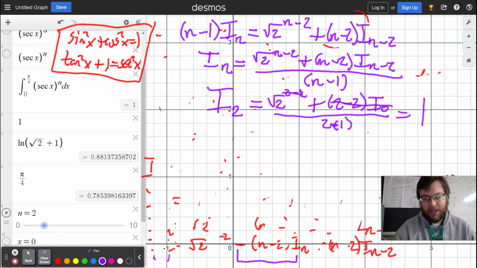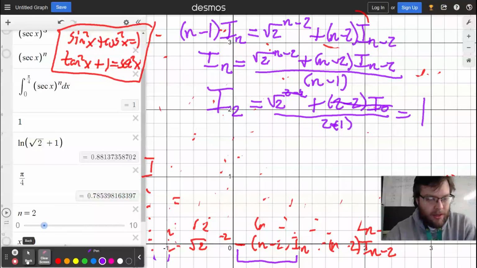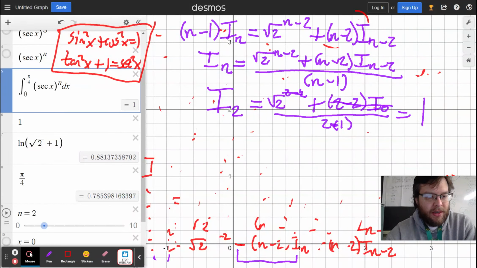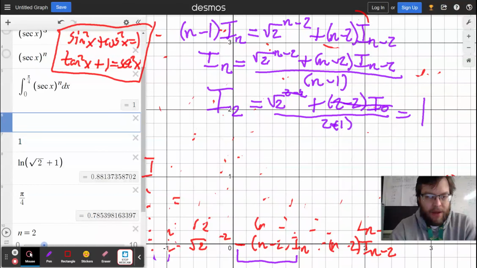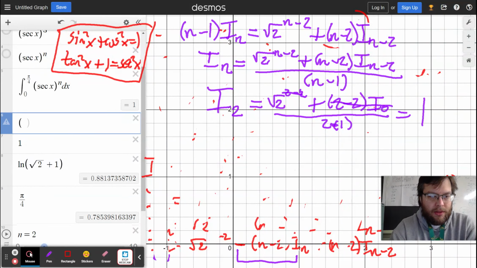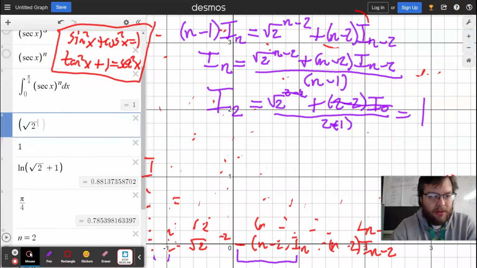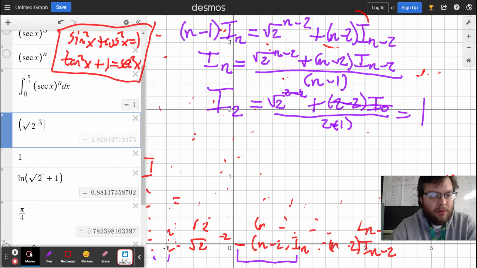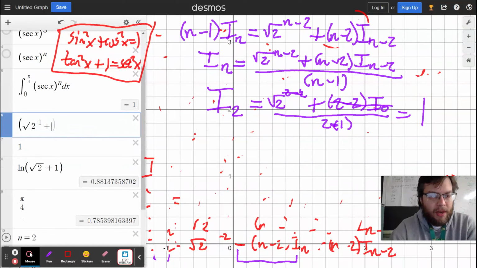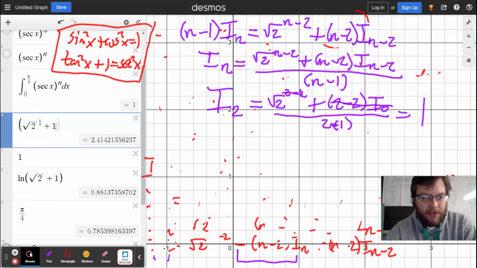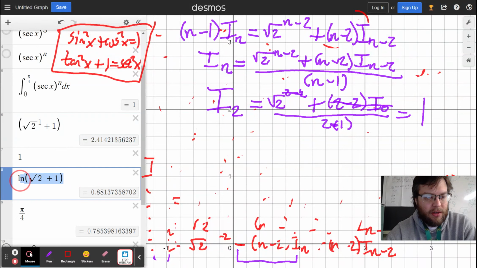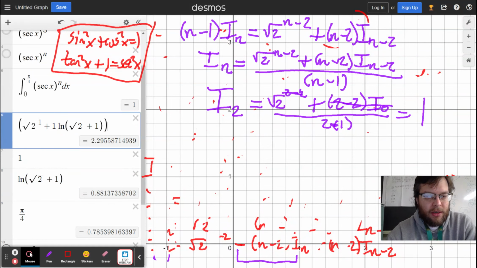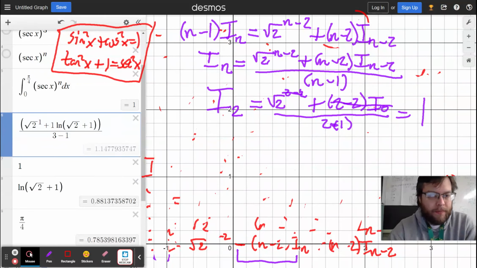But the cooler thing is that you can predict a future answer here. So I'll type it in to the bar on the side here, that I think that the third power is going to be the square root of 2 raised to the 3 minus 2, which is just 1, plus 3 minus 2, which is just 1, times the integral I got for I sub 1, so that's this answer here, all divided by 3 minus 1.